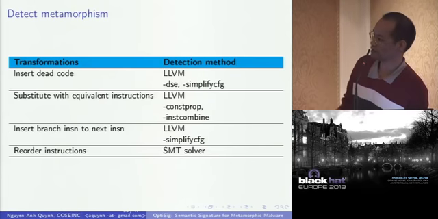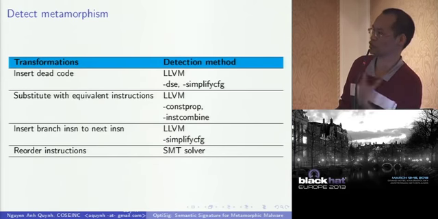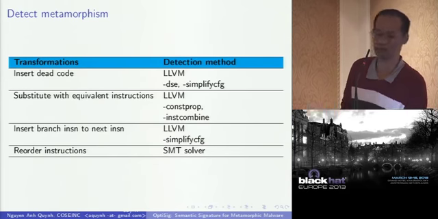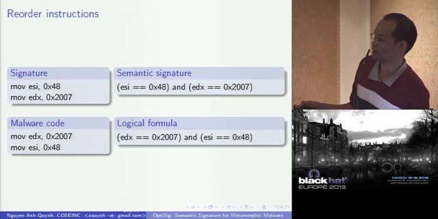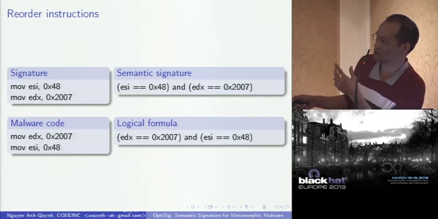Okay, so you can see that the last remaining transformation that was not handled by LLVM can be handled by the SMT solver. Why? Here, we have the signature and the malware code. You can see that the malware just reorders two instructions in the signature, right?